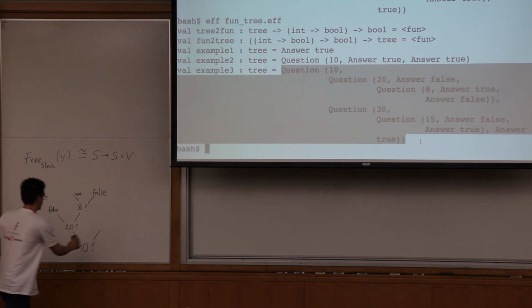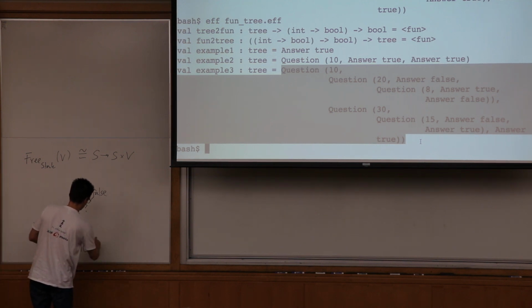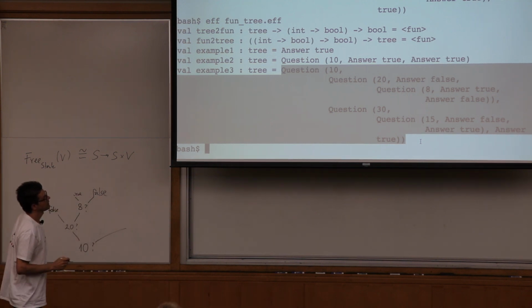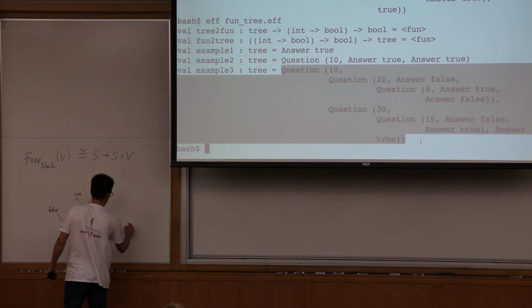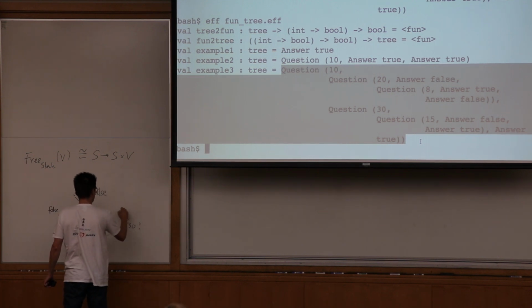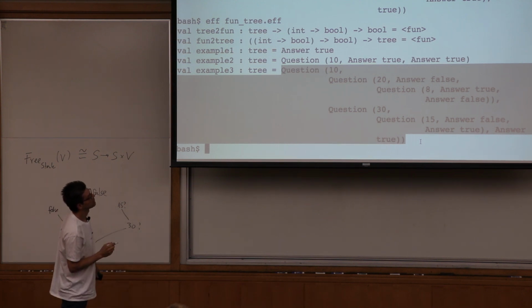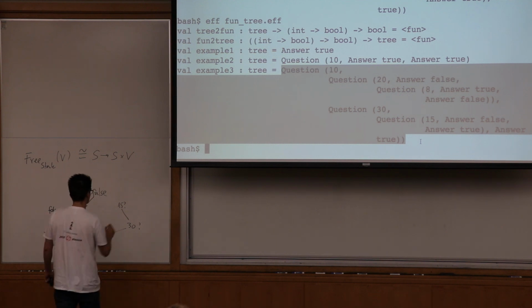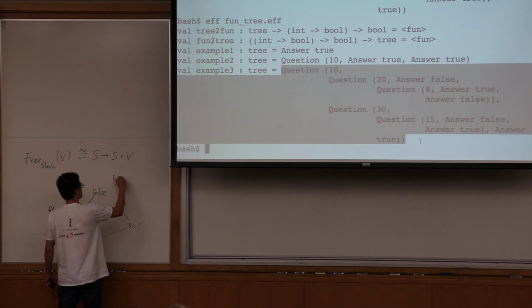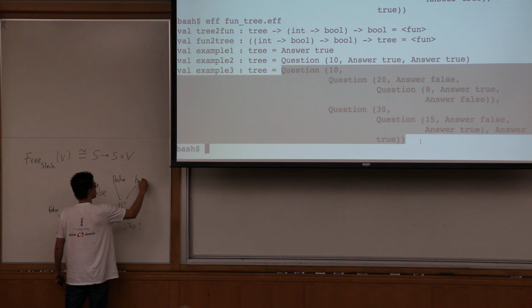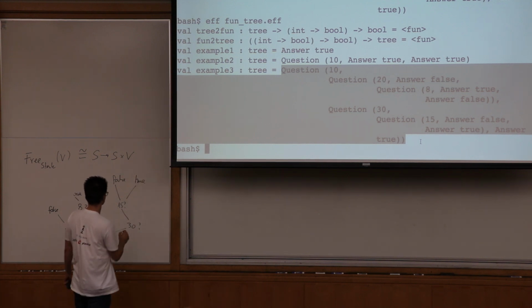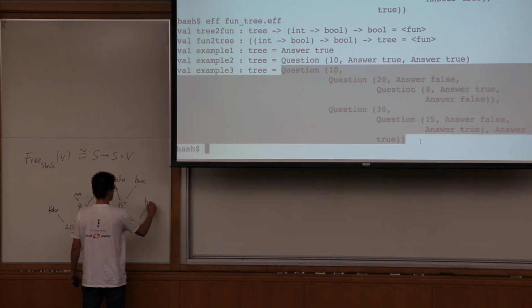Okay, how about the other branch? The other branch is 30, and then this, and then it's false, true, false, true, and true. Okay, is it clear how this works?